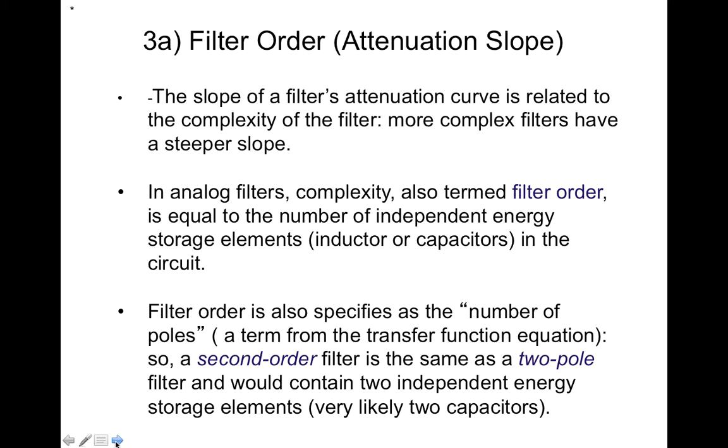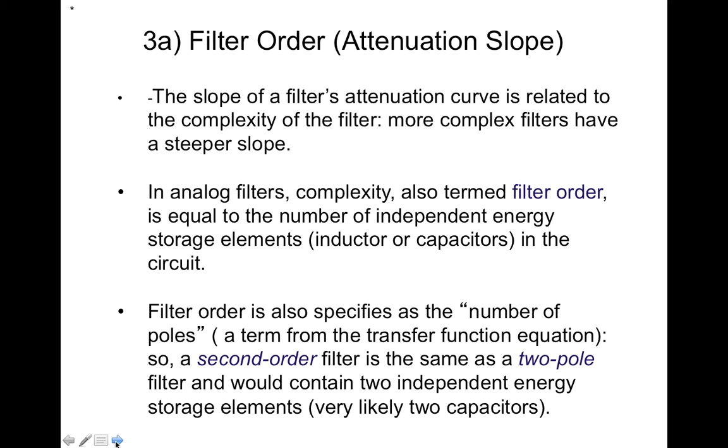So the filter order is a little bit more complicated. Basically, the slope of that attenuation curve is related to how complex the filter is. The more complex the filter, the steeper the slope you have. If we talk about very simple analog filters, the complexity can be related to the term filter order, and it's basically equal to the number of independent energy storage elements in the circuit.